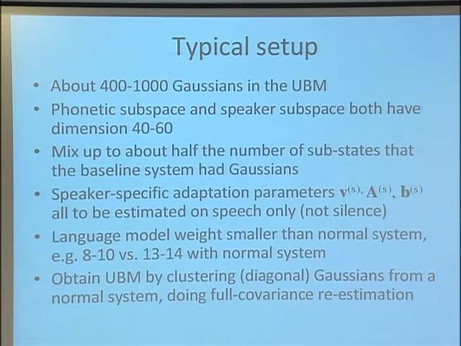And we had an issue on our setup that none of the adaptation stuff, even constrained MLR, seemed to work when you estimated the speaker adaptation parameters on silence as well as speech. And that was true even of the standard approach, CMLR. So I actually have a slide about this next, so I'm not going to belabor this point. One interesting feature of the tuning is that the language model weight always wants to be smaller than it would normally be.